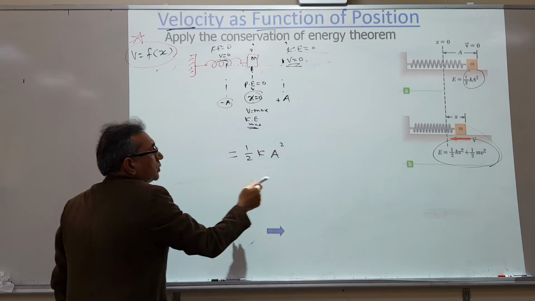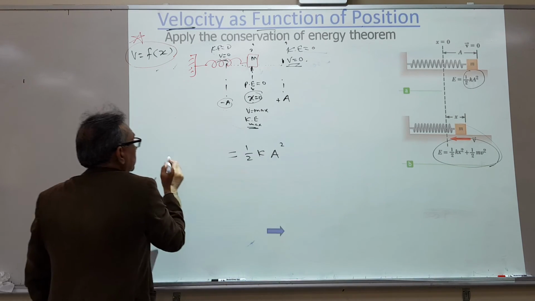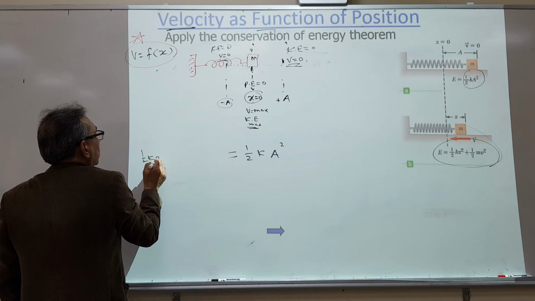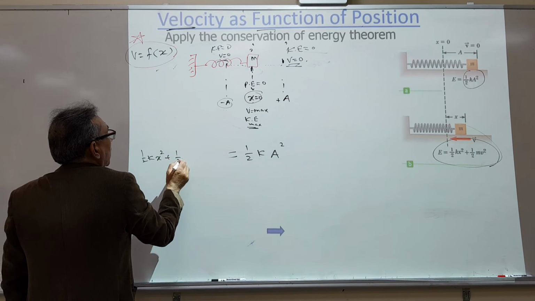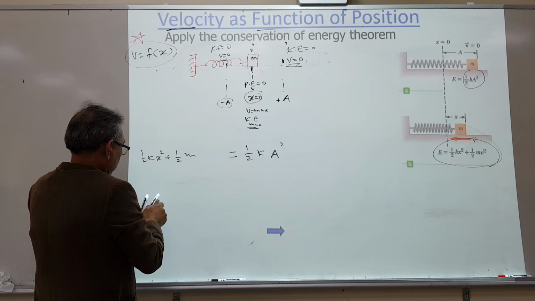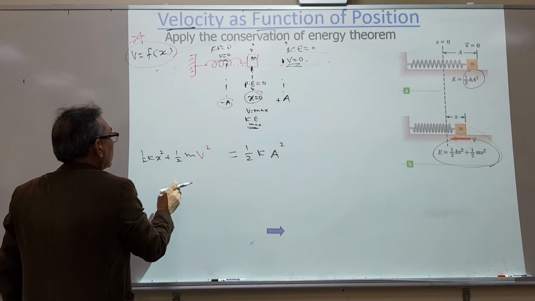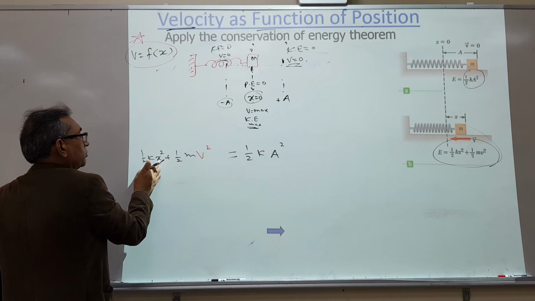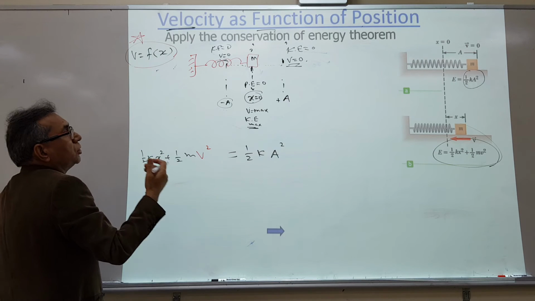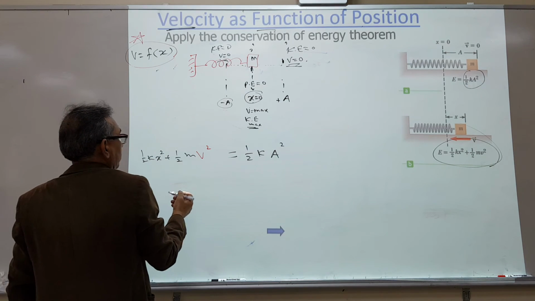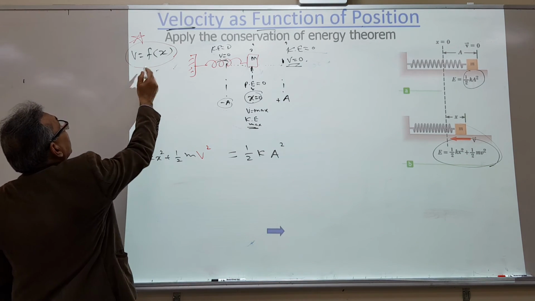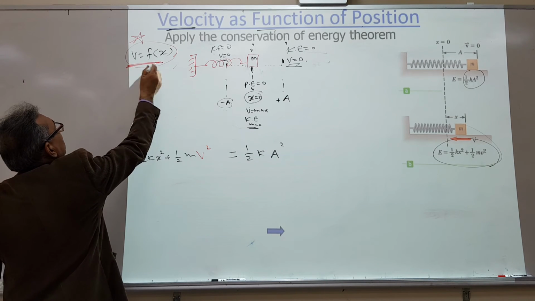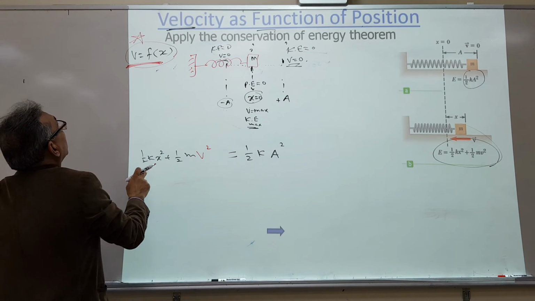This total is equal to, somewhere in between, half Kx square plus half mv square. You have some kinetic, you have some elastic in between the equilibrium position and the extreme positions. You need to find out, keep eyes on what you need exactly, finally: velocity.